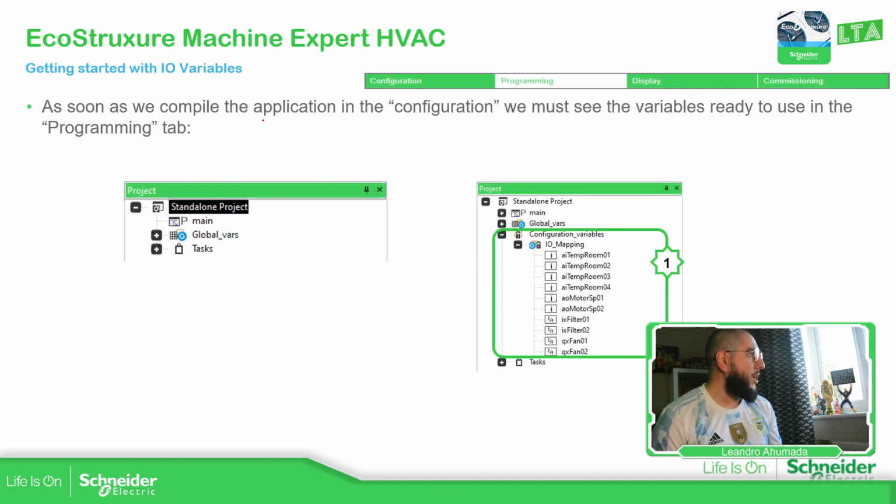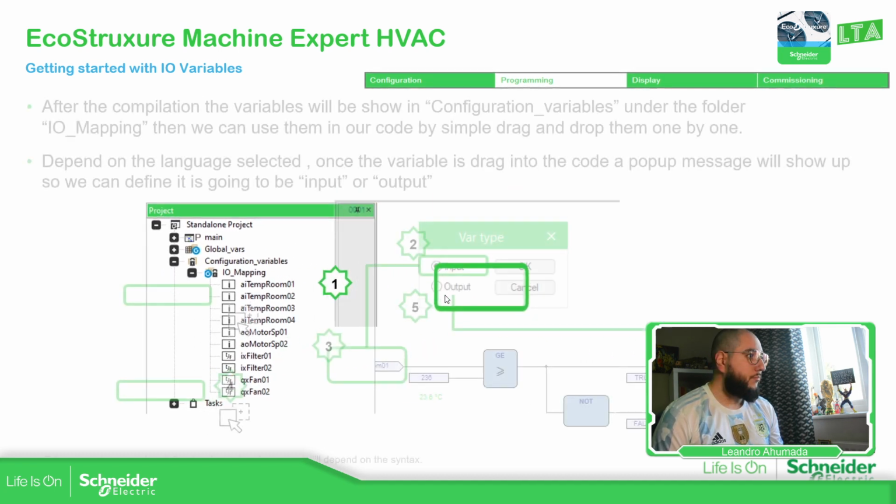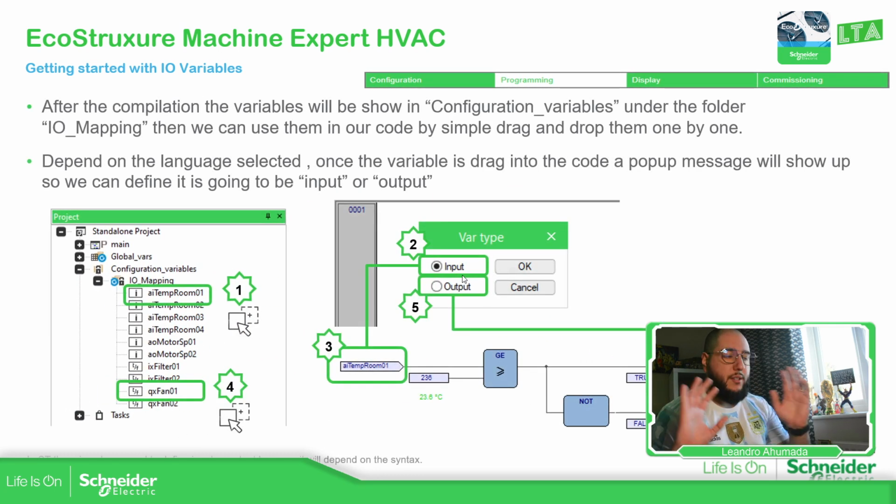As soon as we compile, if we go to the programming tab, you can see that by default we have these three main options. Then, after we compile, we can see this one, configuration variables. We should be able to see a new element called I/O mapping, and inside it all the variables that we have created before.